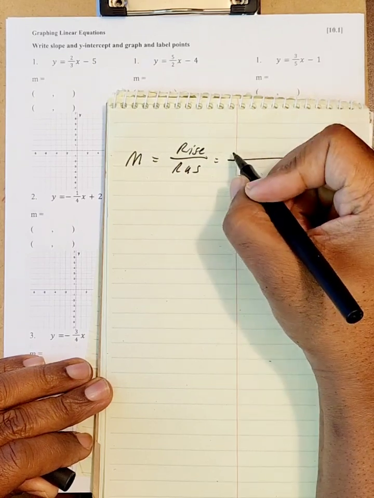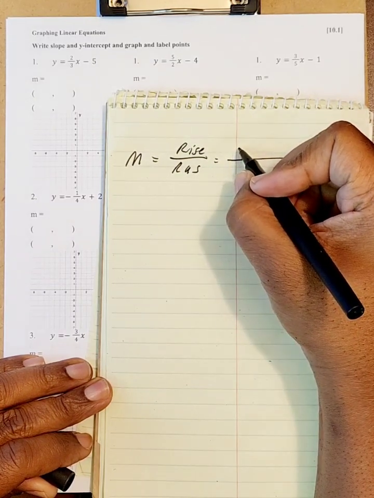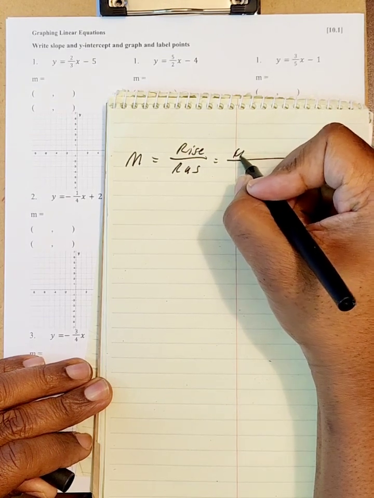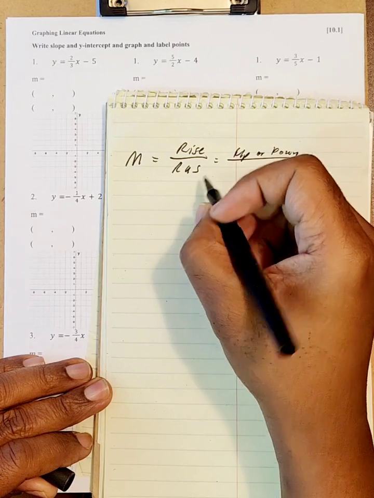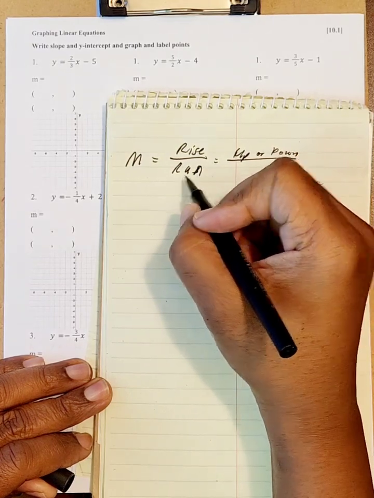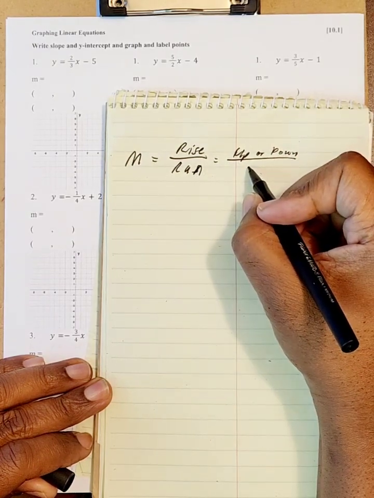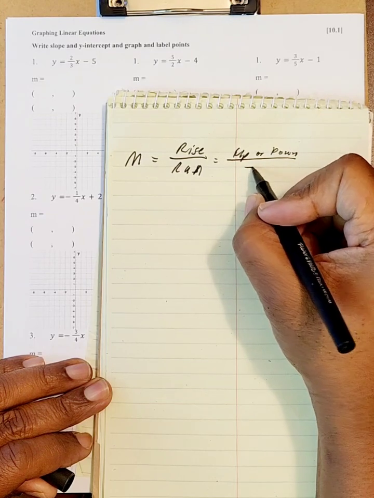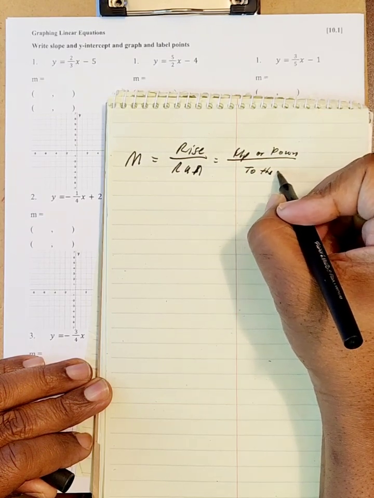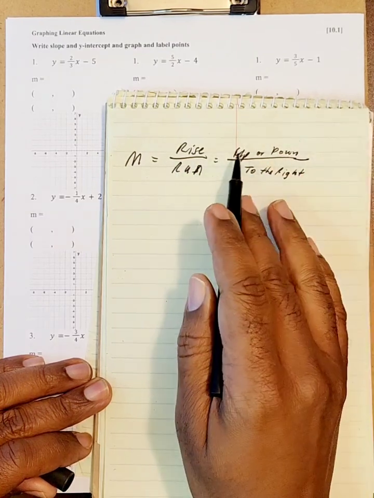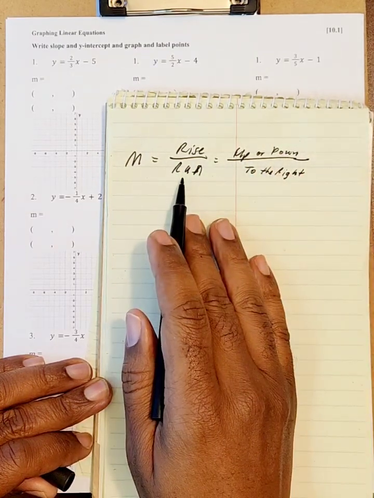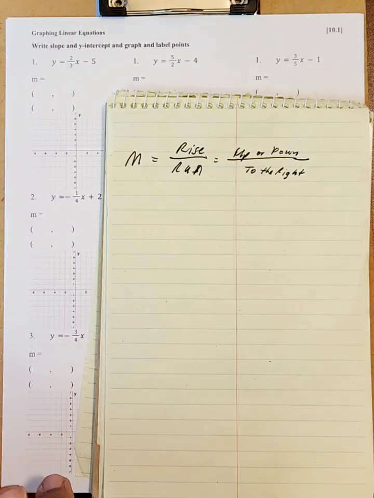Rise basically means how far it will go up or down, and run is how far to the right. So that's it. Rise is either up or down, and run is to the right.